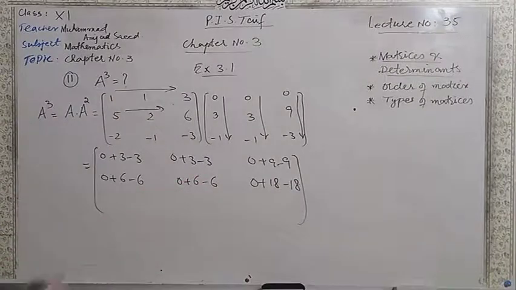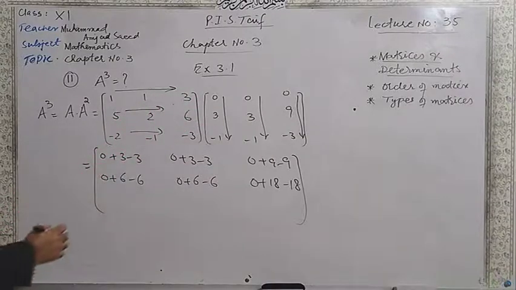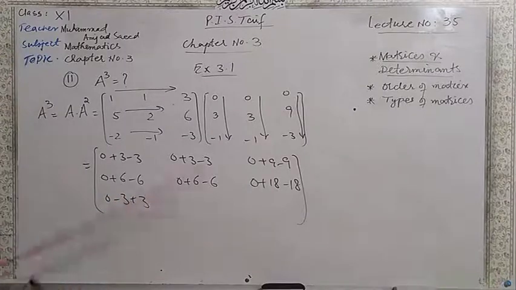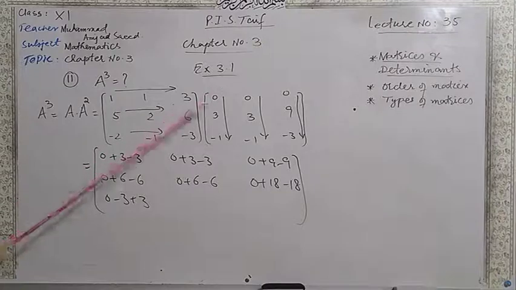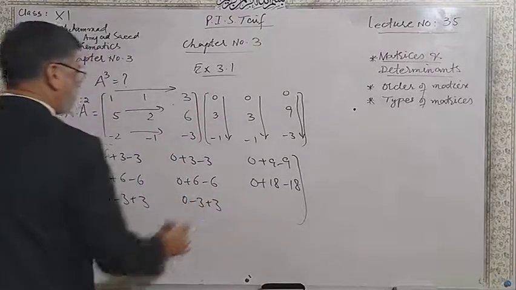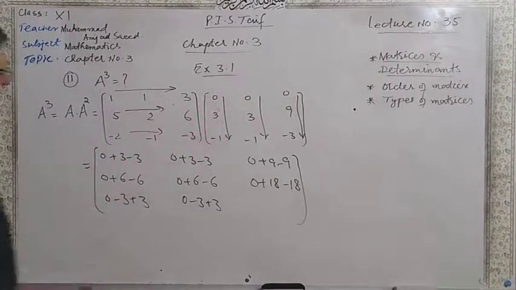Then we can take the third row, multiply them one by one. This is 0 minus 3 plus 3, again 0 minus 3 plus 3, then 0 minus 9 plus 9.